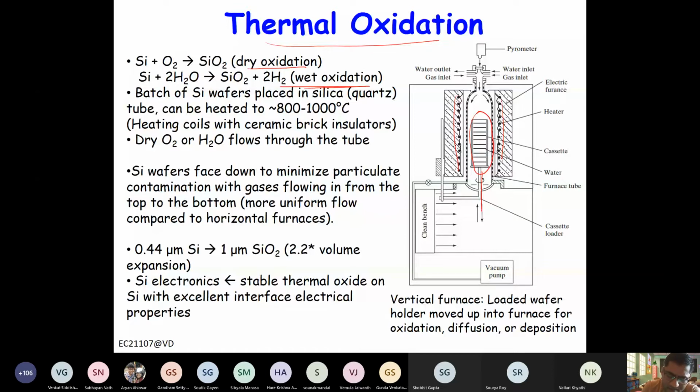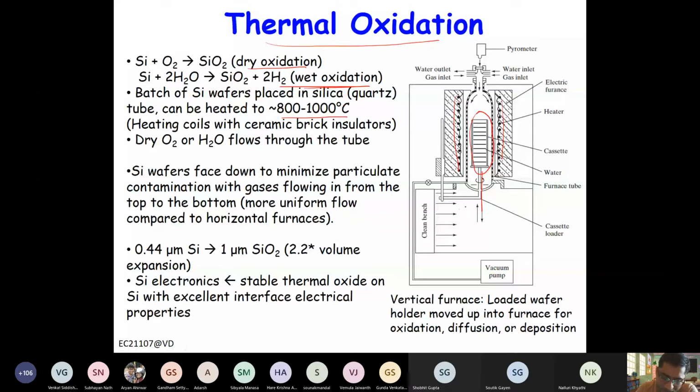Now here the wafer is placed, and they are usually facing down, right? Because if they are facing up, then particle contamination can deposit on them. This is a high temperature process, so usually they can be heated in the range of 800 to 1000 degrees Celsius, right?